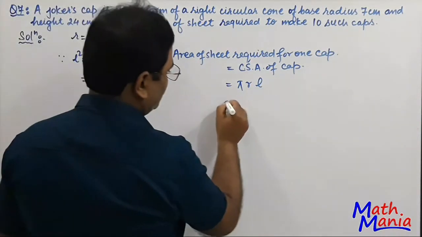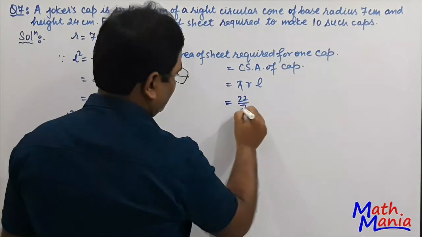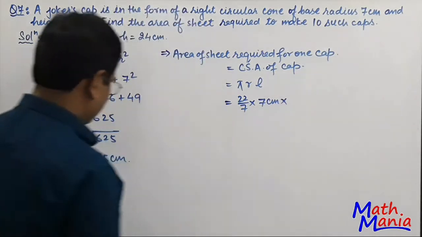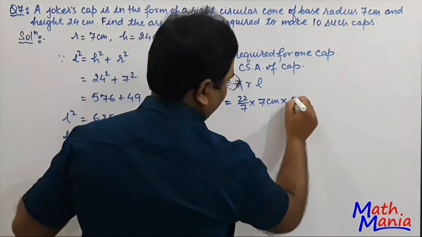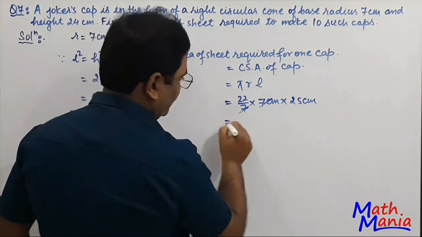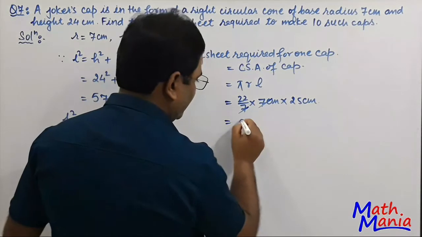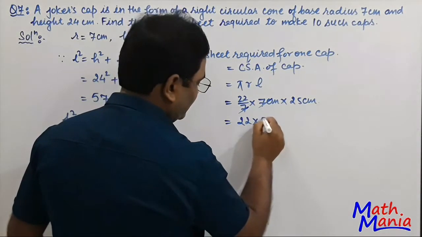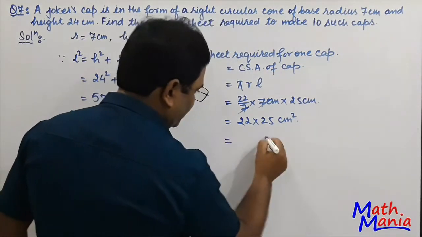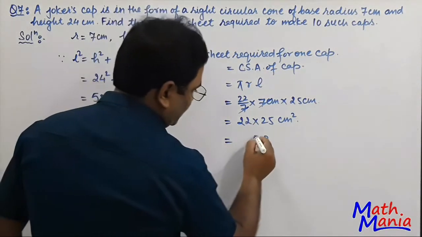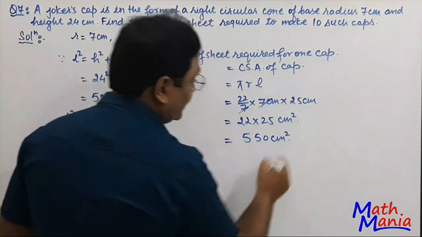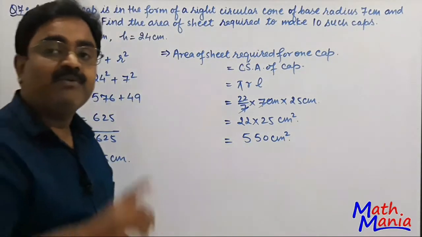Pi is 22 upon 7, radius is 7 centimeter and slant height is 25 centimeter. So 7 is cancelled. We got 22 multiplied by 25. 25 times 2 is 50, 25 times 20 is 500, so 550 centimeter square is the area of sheet required for 1 cap.